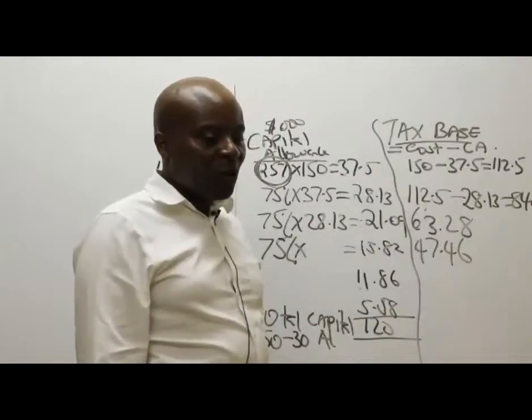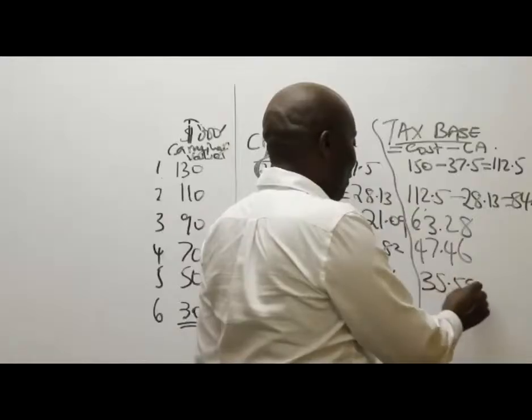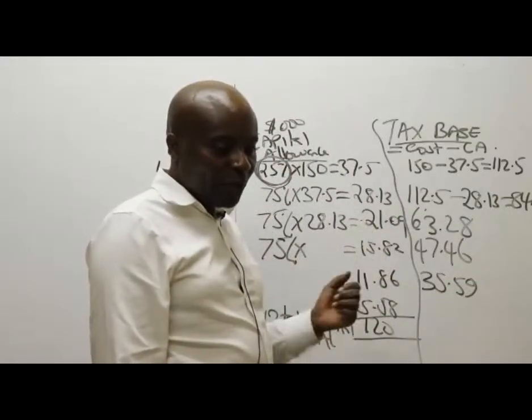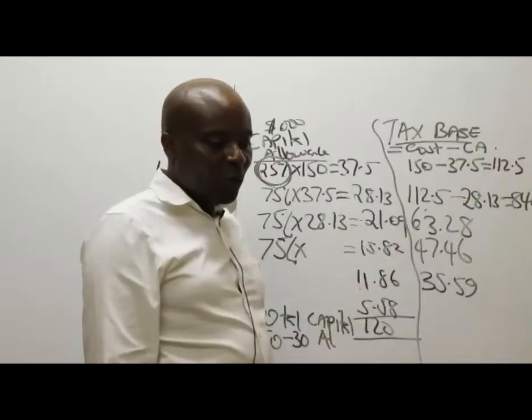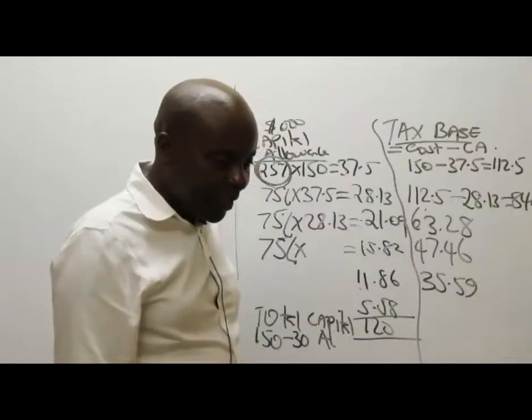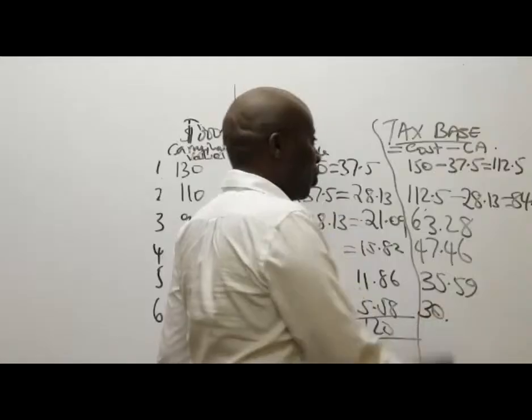We have here 35.59, and then we have now the last one. The last one will be what here, somebody? 30 or 29 point. Most of them are saying 30. Thank you so much.